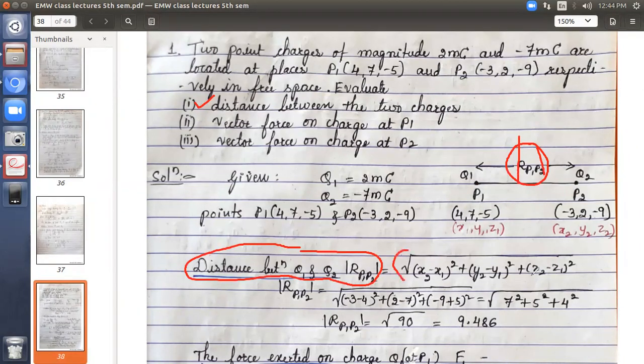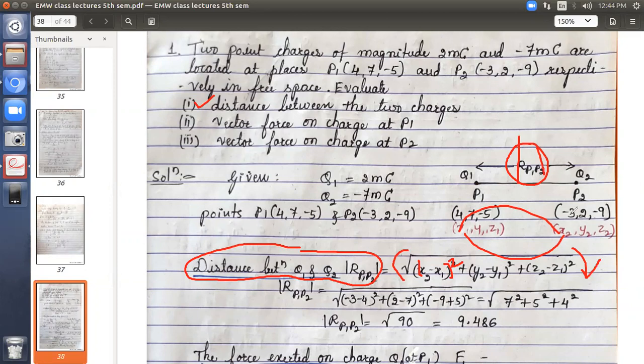The distance formula is the square root of, either you can take x1 minus x2 or x2 minus x1, it doesn't matter, because anyhow it is a bracket square. Whichever point you take first, no problem. Anyhow that negative term will go after squaring. So make use of the distance formula.